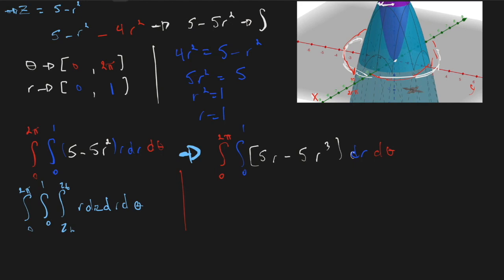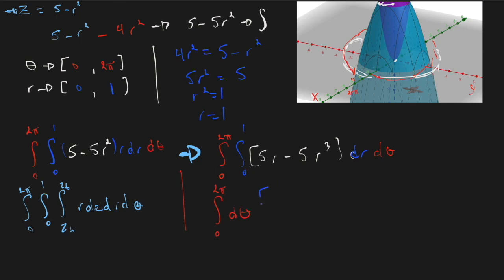Now we're going to integrate the integral from 0 to 2 pi. Well, we see clearly that this function is never going to be a function of theta. There's no theta in the blue integral limits, and no theta inside. So we can just multiply it by d theta. And then we get our integral here.